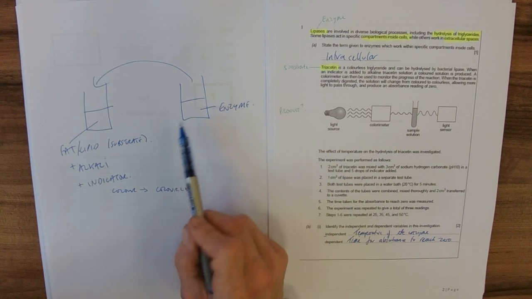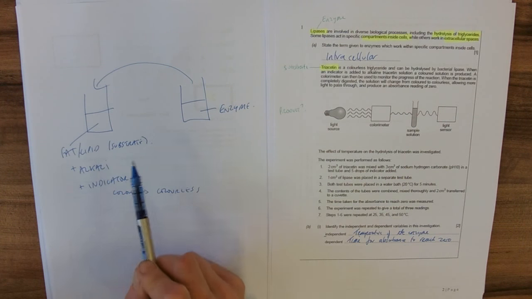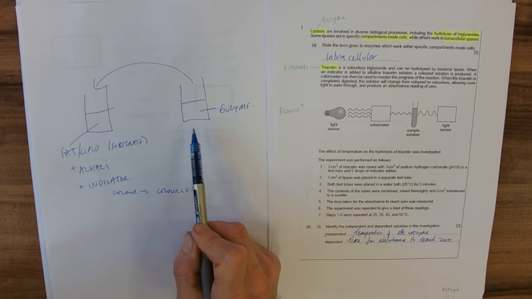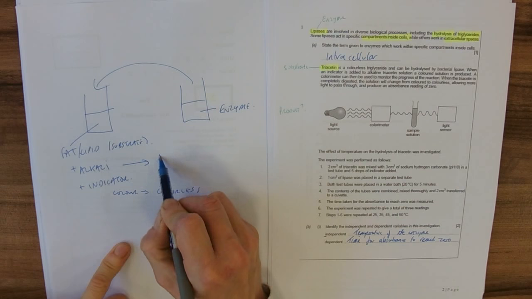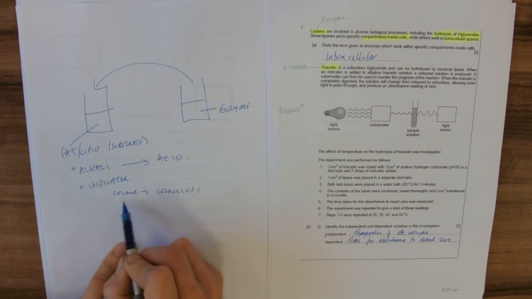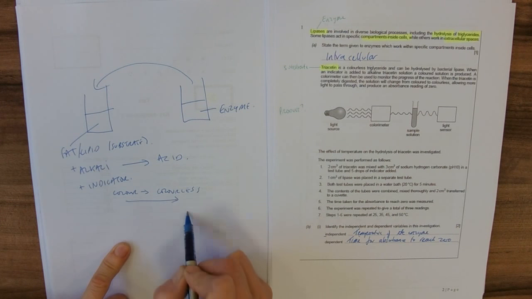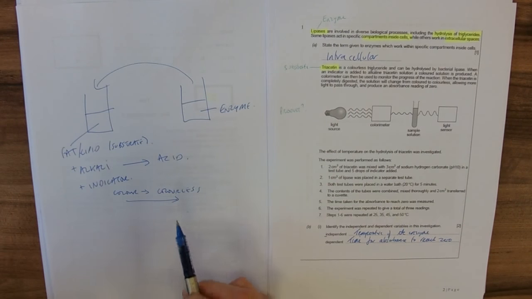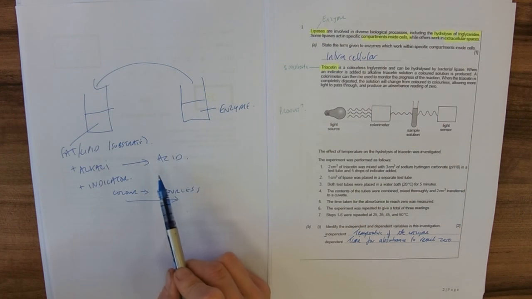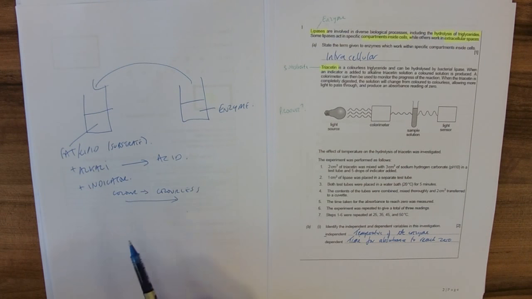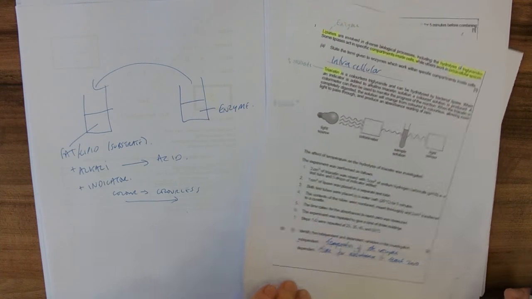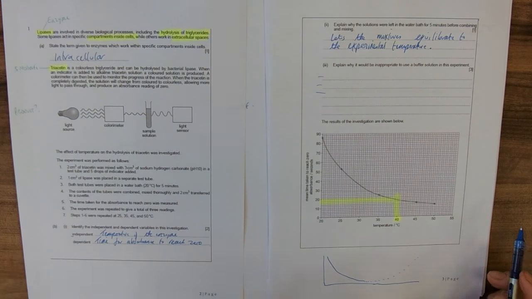The experiment is breaking this lipid down into fatty acids and glycerol, so it makes this alkali go to acid, and that indicator will go from colour to colourless. If we use a buffer, the whole point of a buffer is to maintain the pH, so this alkali to acid won't happen. It will stay the same, so we won't get a colour change. It's just going to muck up our dependent variable.